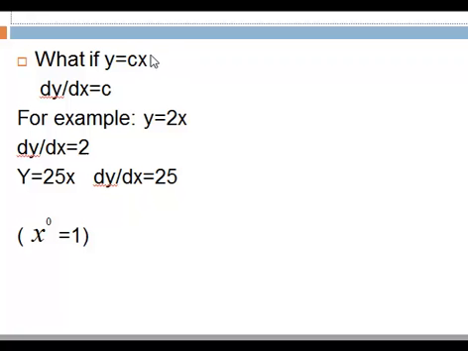Here n is 1, so 1 minus 1 is 0. So that equals c times 1 times 1, which equals c. That's how we get, when y equals 2x, its derivative is 2. If y equals 25x, its derivative is 25. If y equals 100x, then the derivative of y is 100.